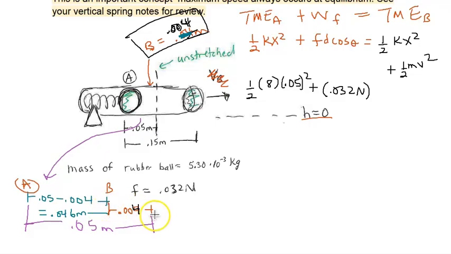At point B, the spring is stretched by 0.004. So clearly not to scale, that's much smaller. So we need to find this green distance, which is the difference, just like with the parachute question. If this is 0.05, that's 0.004, then that green distance is 0.046. So that's the distance that friction acted from A to B.